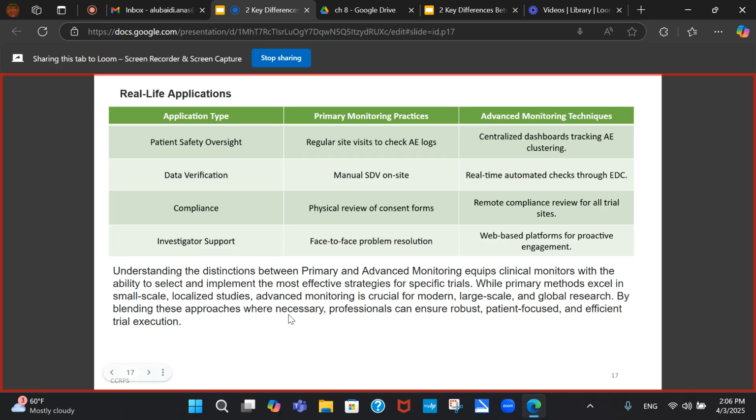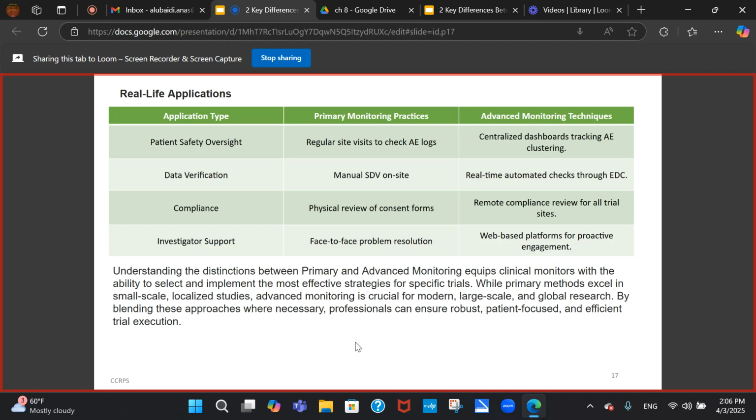Most of the trials nowadays follow the hybrid, doing both the primary and advanced at the same time, and so blending both.